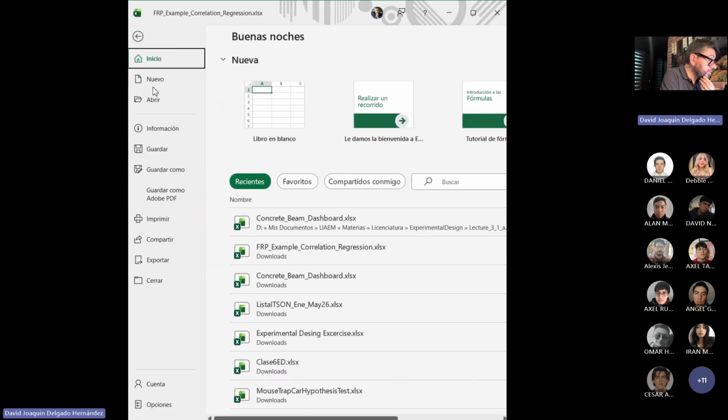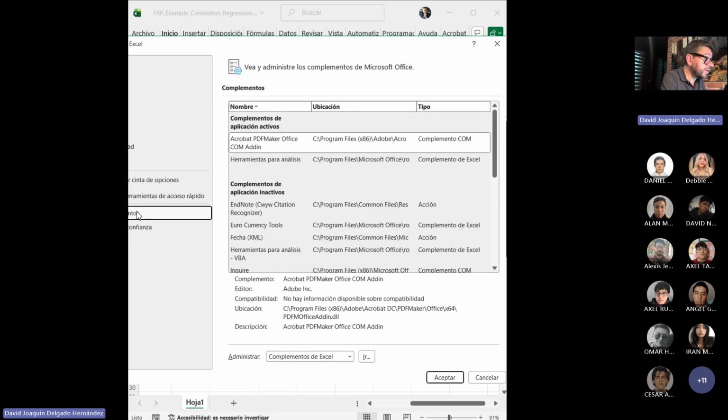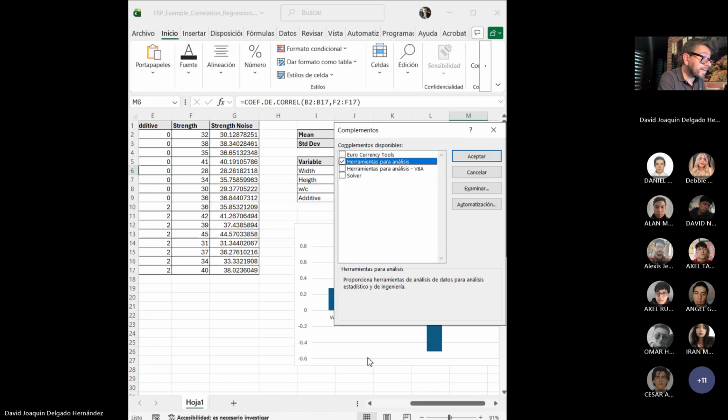Okay. So let us go to the file, options, add-ins. And there is one which is called Analysis Tool Pack. Here, you should add this, please.